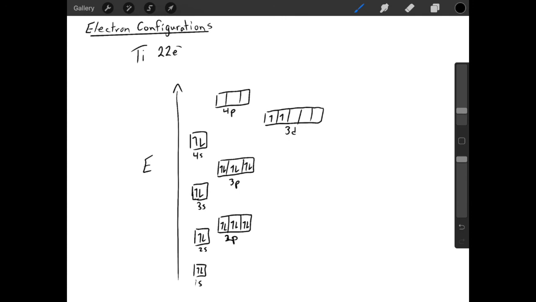And you can see that for titanium, we don't have an entirely filled 3d subshell, and there are actually no electrons in the 4p subshell or in the 4d subshell that I haven't drawn yet. And we can also write this using our orbital designation system.